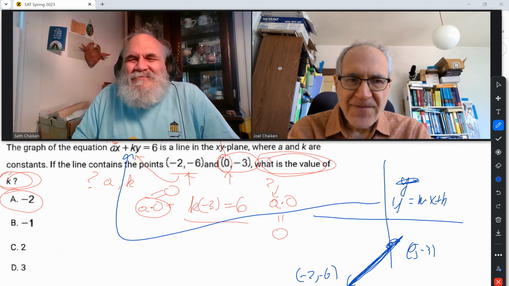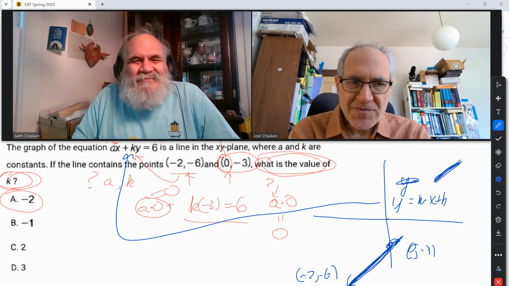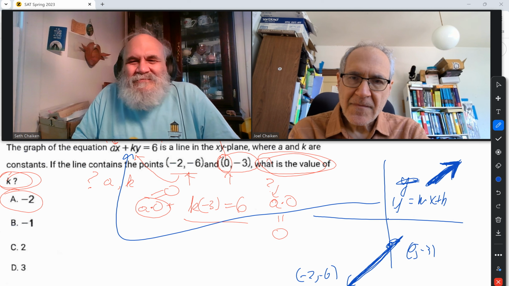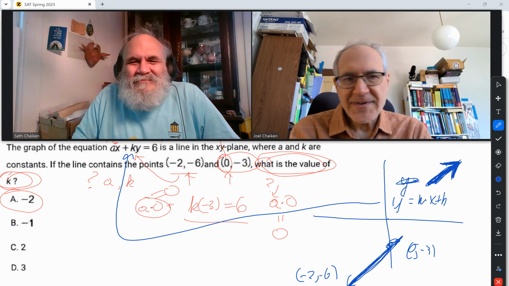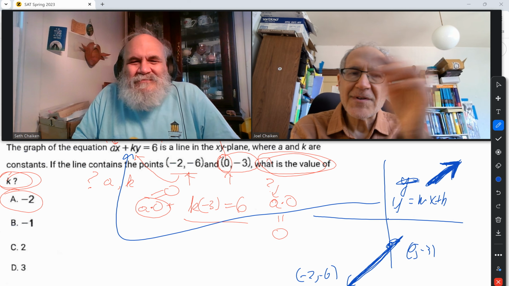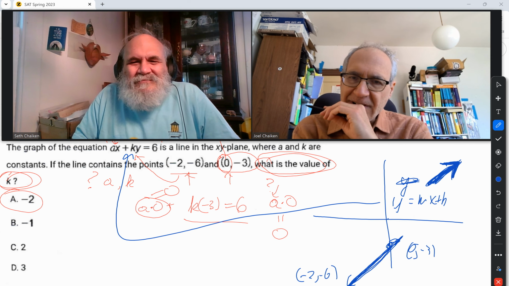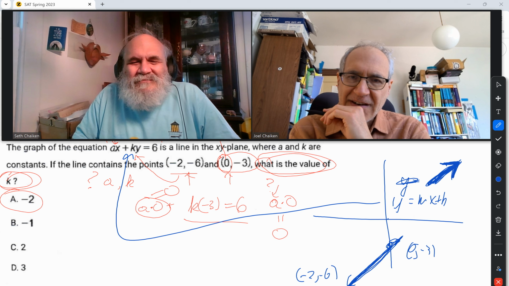So this is a very straightforward approach, but time wise, you're going to blow a massive amount of time doing it this way. So when you're doing the questions and you realize, oh, I can do this, but it's going to take me a long time, you may want to stop for a second, take a break, and say, are they really wanting me to spend 3 minutes doing this problem?